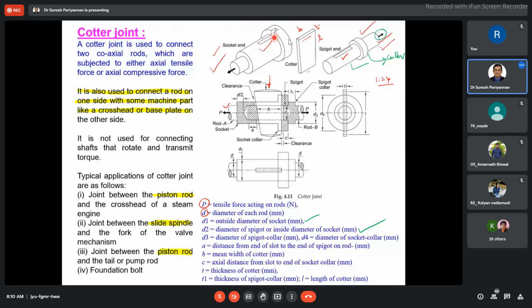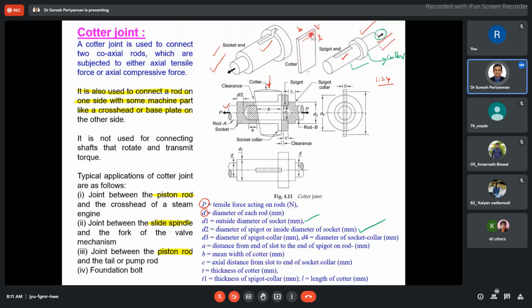With the hammering force, the spigot and socket are properly oriented and connected. The cotter has a one-sided tapered design, so it can be easily assembled and dismantled. That is what we discussed in the first class.